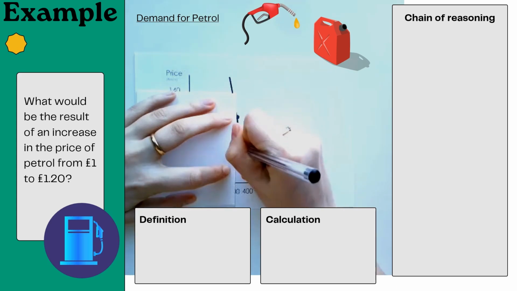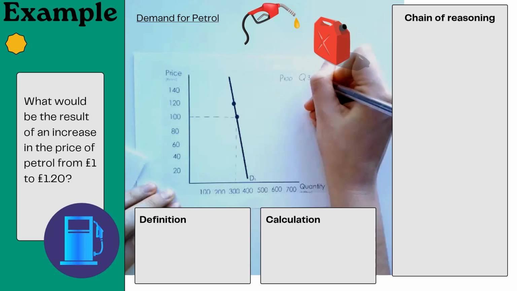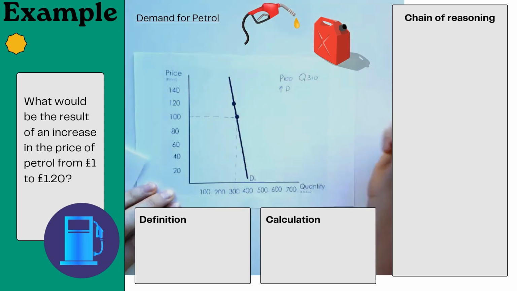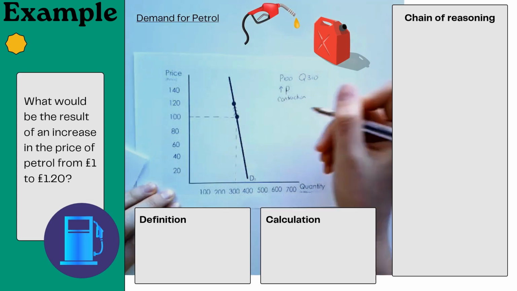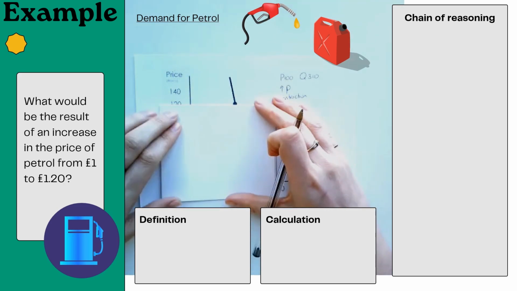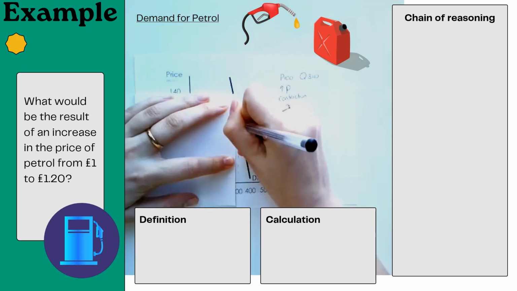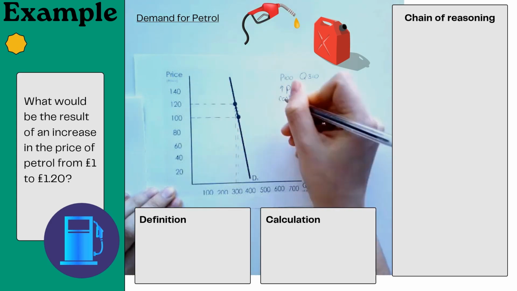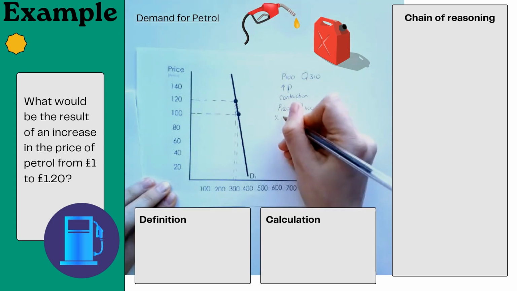So here we have the inelastic demand for petrol. I'm going to start at a price of 100 pence, which is £1, and we're going to have a quantity of 310 million units, as you can see on our x-axis. If we see an increase in price up to 120 pence or £1.20, we're going to see a contraction along demand and a fall in quantity demanded to 300.